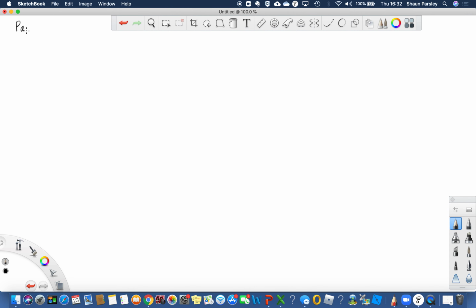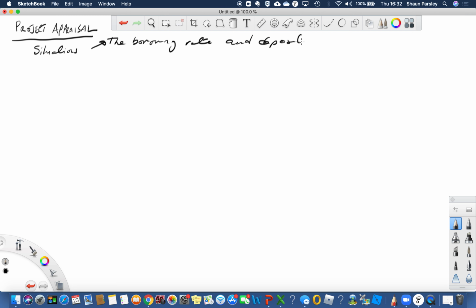Right, project appraisal. So situations, scenarios, I suppose. One where the borrowing rate and deposit rate are the same.